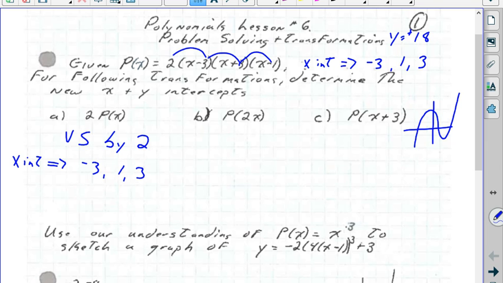Not doing anything to the horizontal. The y-intercept will be twice as far away from the x-axis as before. So will every other point, but the only point that we cared about here was the y-intercept.